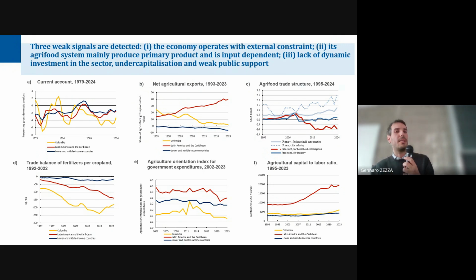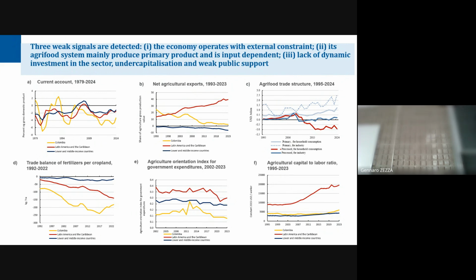So we started from something that we already have without any institutional demand for this work. But we think it's interesting to address the case of the Colombian agri-food sector from the macro agri-food sector perspective due to three main stylized facts, or weak signals, as we call them.